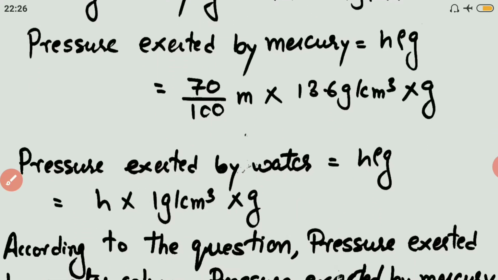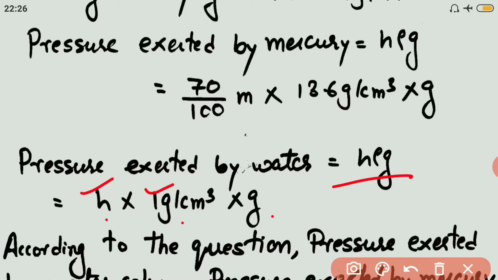Now the pressure exerted by water: of course I need to use the same formula because water is also a fluid. That is P equals H rho G, which is H into 1 gram per centimeter cube into G. I don't know the value of the height of the water column. This is the density of water, and G stands for acceleration due to gravity.